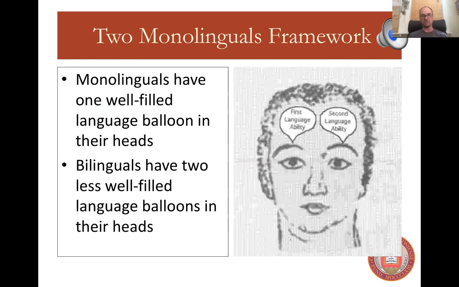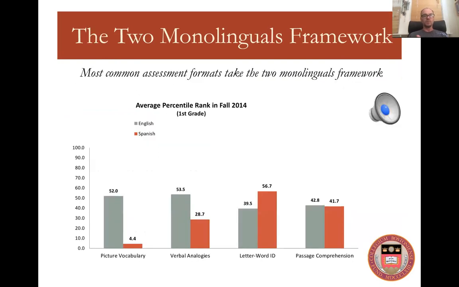There are two separate language entities, two language structures in the brain, and we see this playing out quite a bit. Most common assessment formats take the two monolinguals framework. Here are results from a single student in first grade, assessed in fall of 2014 on four different dimensions of language and literacy.